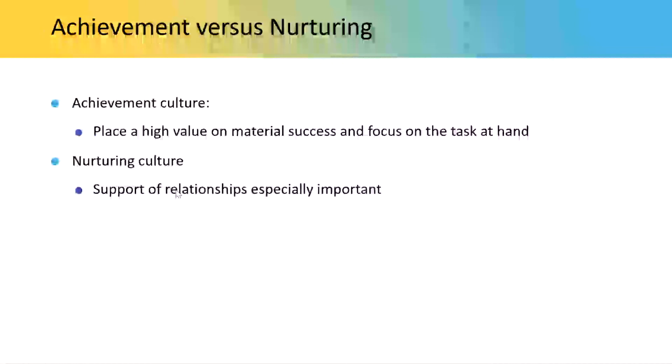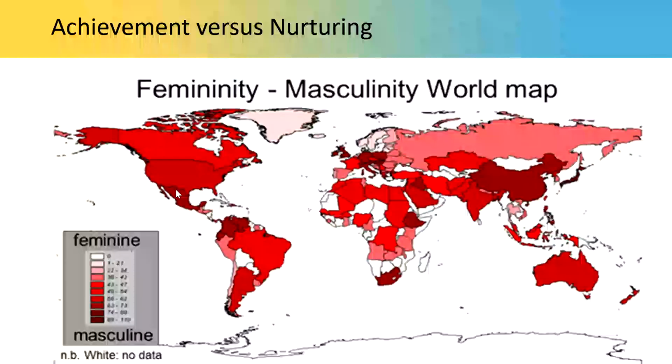Let's not get bogged down in feelings. Let's just do what we have to do. A nurturing culture, also called a feminine culture, there's a high value placed on relationships and support. So, guesses where the United States falls in here? The United States, although not the highest, is fairly masculine.